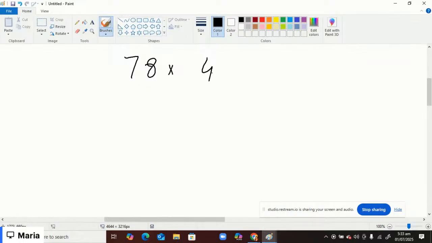First of all, we are going to round 78. So 78 can be rounded to, this 8 is greater than 5, so this can be rounded up. So 78 can be rounded to 80. So 80 times 4. Now we multiply 80 times 4.